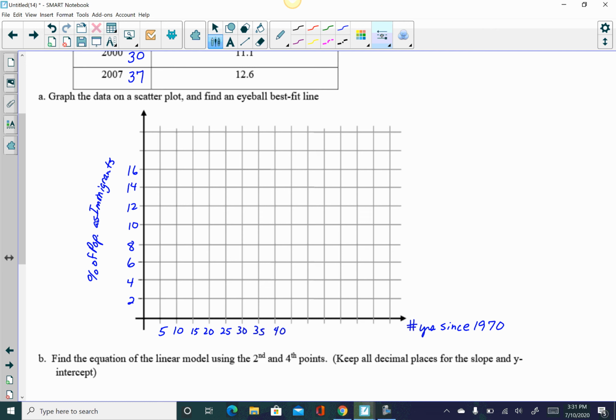So I have 0, 4.7, 10, 6.2, 20, 7.9, 30, 11.1, and 37. Okay, being here, 12.6.